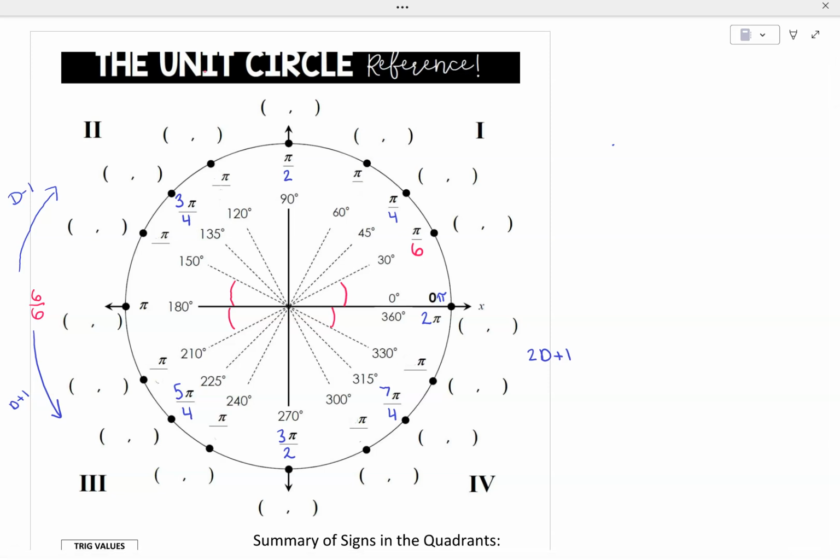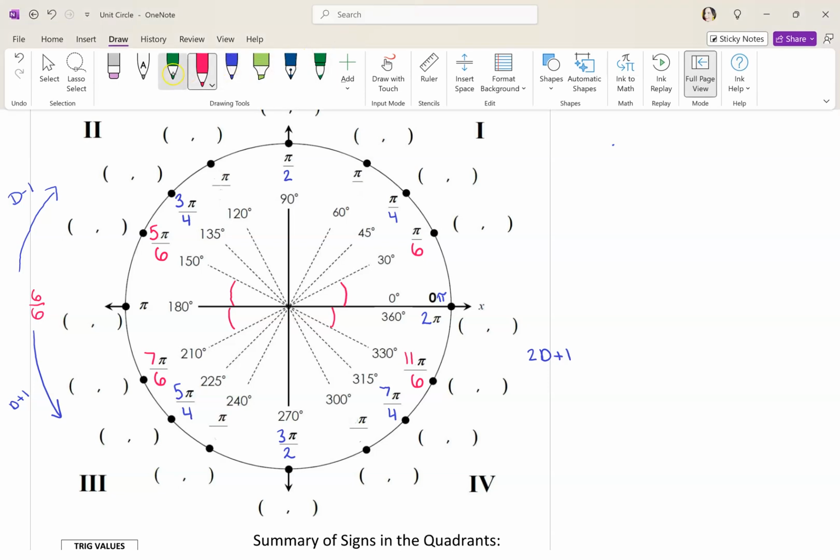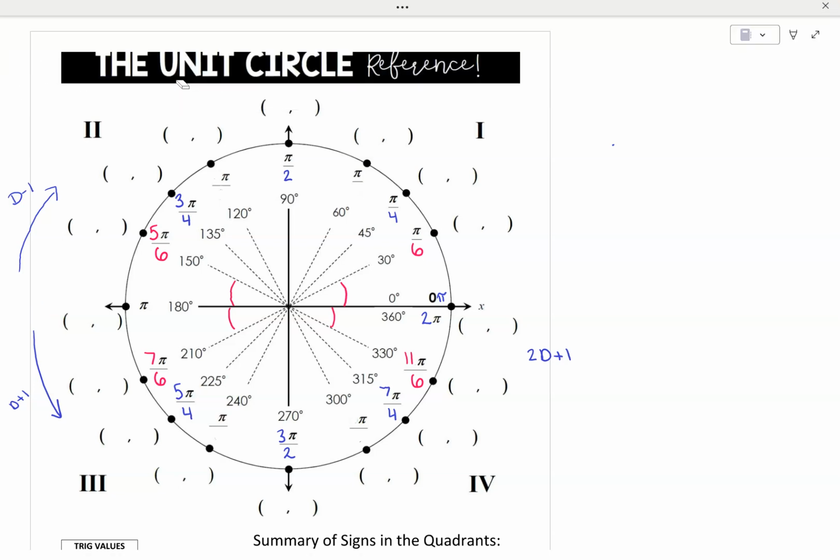So for quadrant 2, it's the denominator minus 1, so this is 5 pi over 6. If you go forward, that's 7 pi over 6. And when we go backwards right here, it's double minus 1. So you double 6, that's 12, and then when you subtract 1, that's 11 pi over 6. Okay, so now I'm going to get rid of all that.